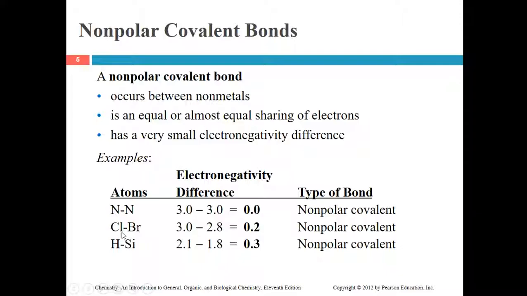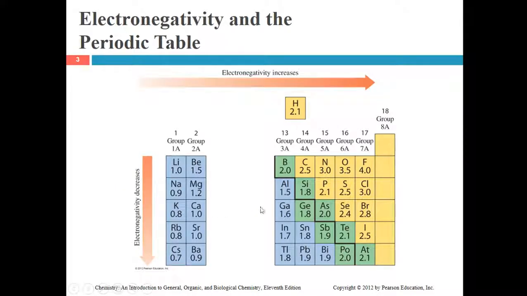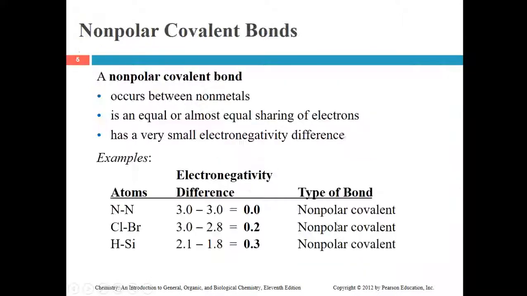When we have a chlorine to bromine bond, chlorine's electronegativity is 3.0, whereas bromine is 2.8. So when you subtract that, that difference is 0.2. And you go, wait, that is a difference, it's not 0. Yeah, but it's got to be enough to actually make a difference, which we'll talk about in a second.